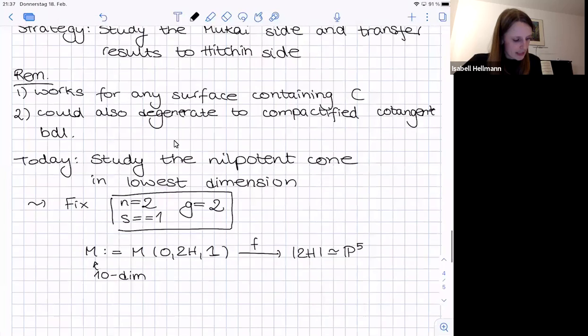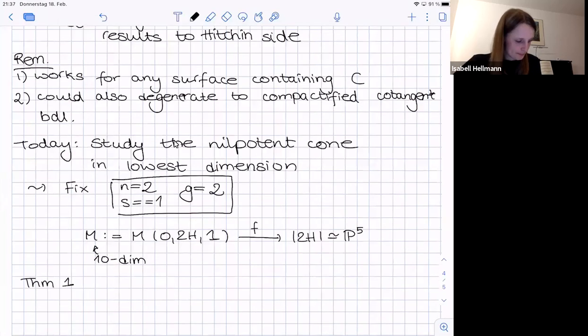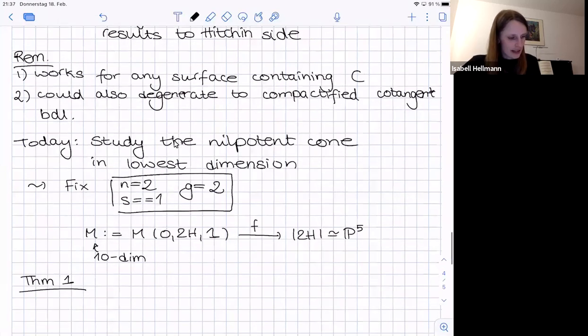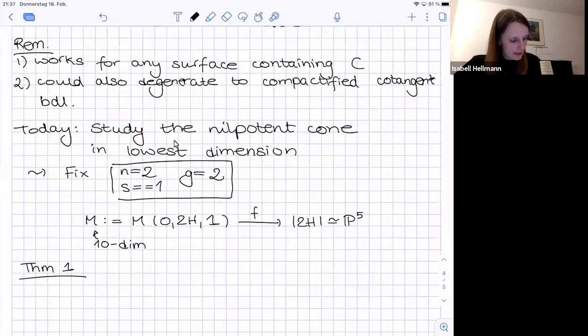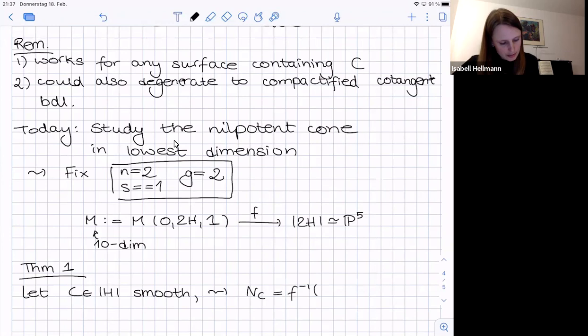Okay, and so I have the following theorem. I take a curve in this linear system, which is smooth. And I defined earlier the nilpotent cone to be the fiber over this non-reduced curve 2 times C.